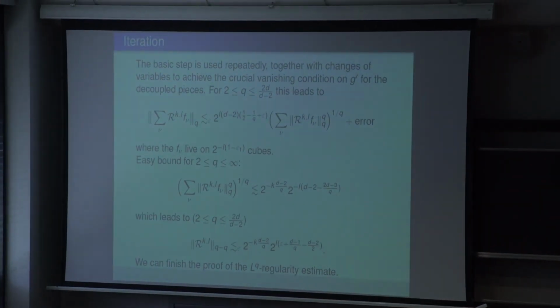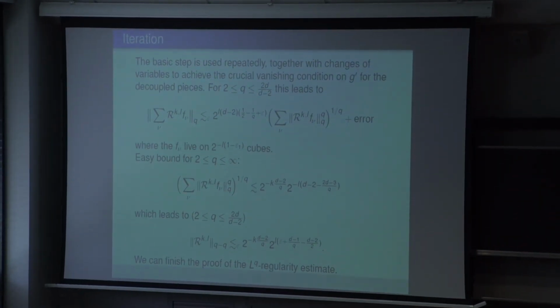And because it's no longer a sum, it's now the little LQ norm of the LQ norms, we estimate it by interpolation. For q equal to 2, we have the L2 result from the Fourier integral operator theory. And for q equal to infinity, we just estimate every piece.